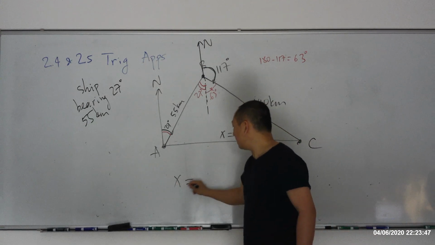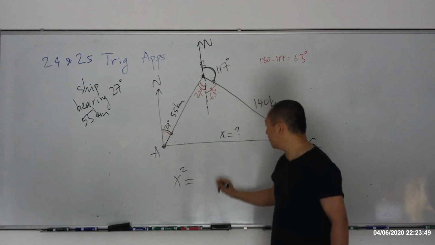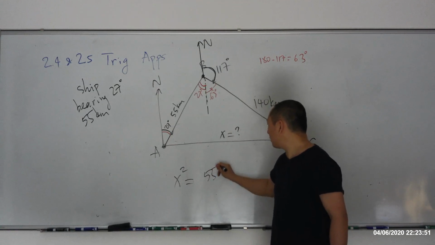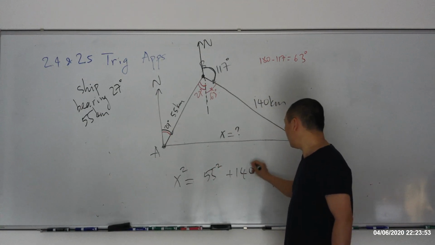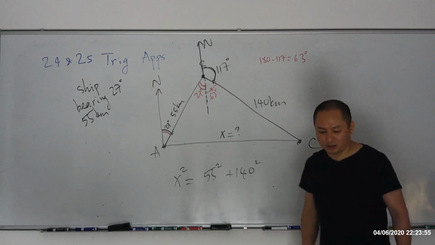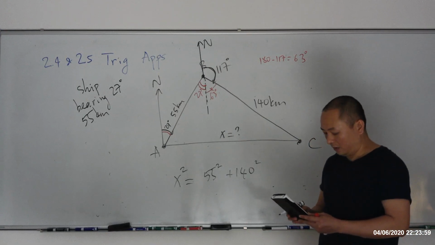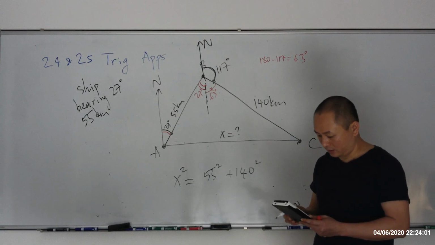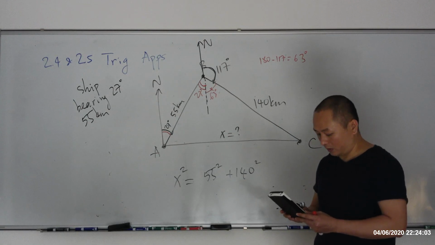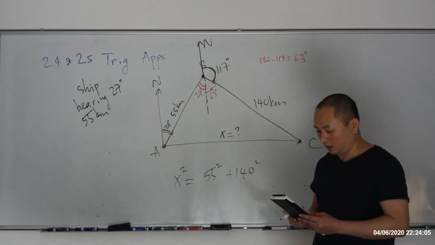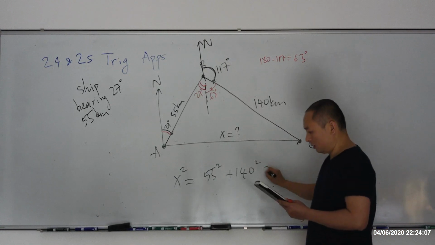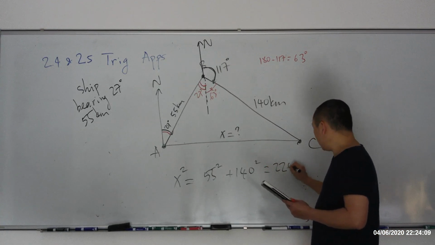X is the hypotenuse, so x squared is going to be equal to 55 squared plus 140 squared. Plug it into your calculator. Let me do it on mine. 55 squared plus 140 squared is equal to 22,625.